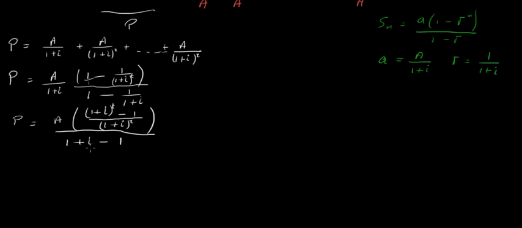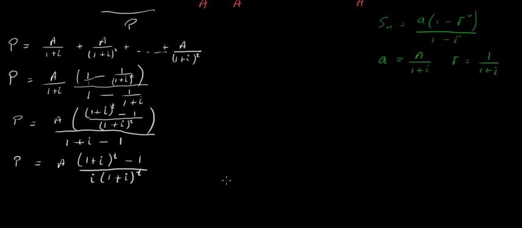So I'll end up here with P is equal to A times ((1 plus i) to the power of t minus 1) over (i times (1 plus i) to the power of t).